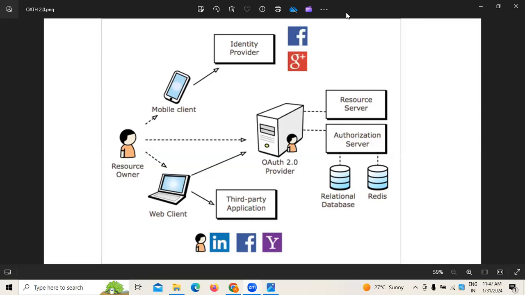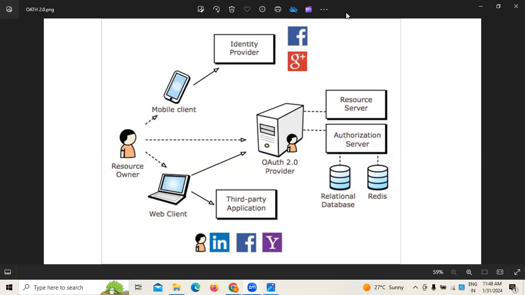The authorization server will create a single token for all the microservices, because instead of creating multiple tokens for multiple things, it's enough to create one single token for all the microservices.